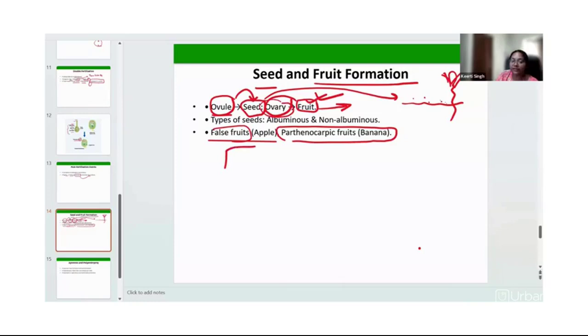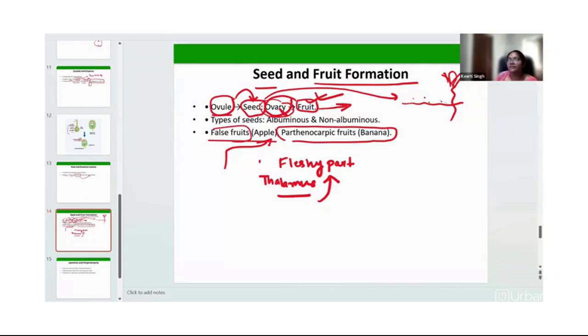But in case of apple, the fleshy part that we eat is not made up of ovary. Actually, it is made up of thalamus. That is why apple is known as false fruit.